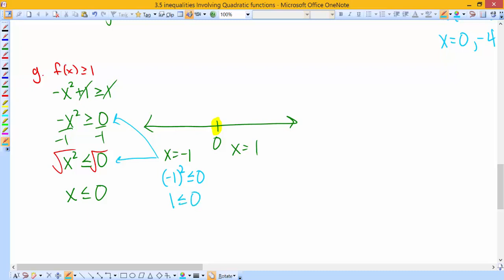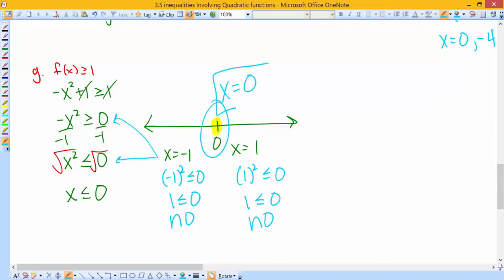Is that less than or equal to 0? It is not. Uh-oh, so that side doesn't work. And we had less than as an original solution, so we do need to be careful. Now it's 1 squared is less than or equal to 0, which is still 1. Is 1 less than or equal to 0? No. So neither side worked. So the only number that does work is x equals 0.